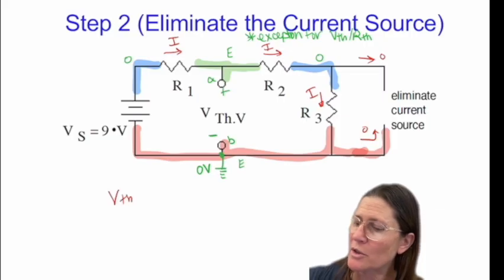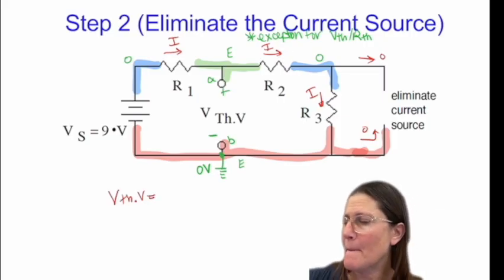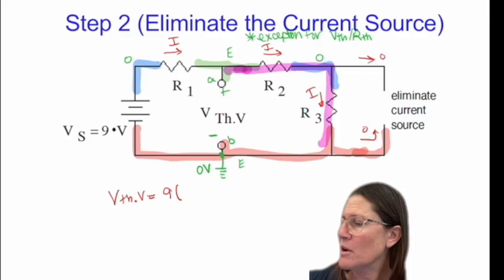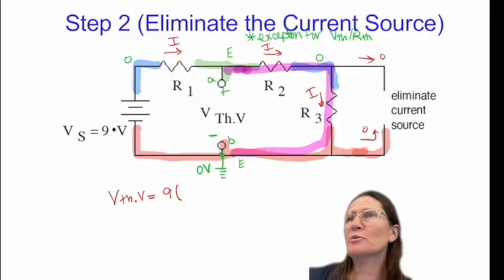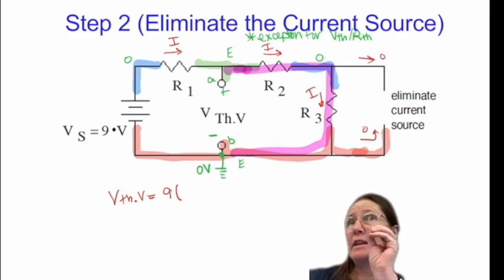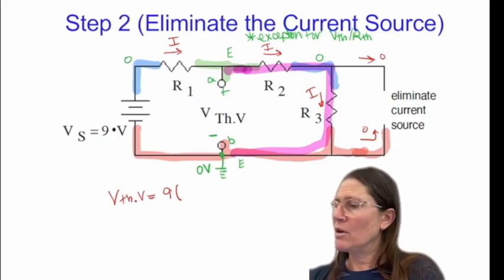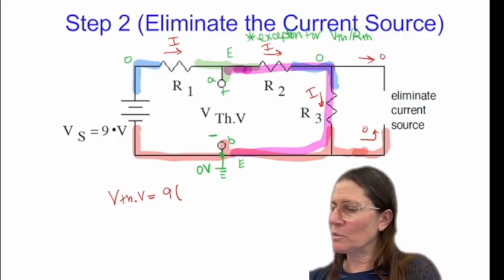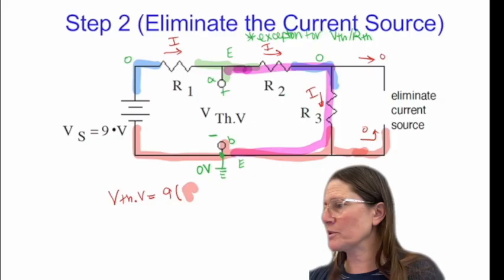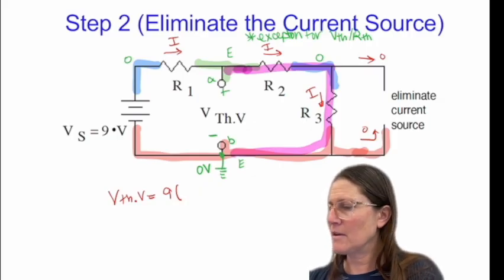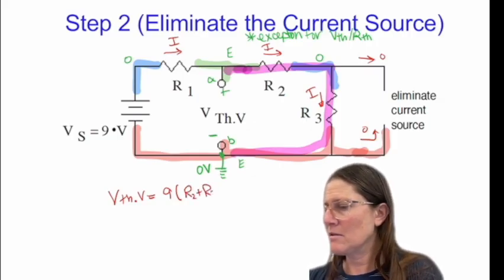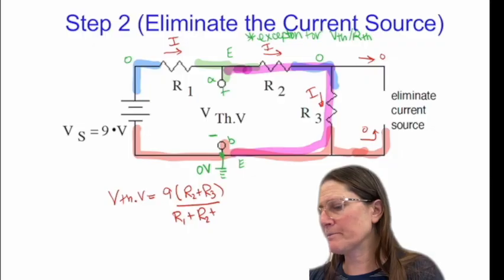So I note with the voltage divider that again, that pathway without the source in there is between those two resistances. So I have to combine them in order to find the voltage across both of them. So this would be a combination of R2 plus R3. And then I would do the summation of all of them.